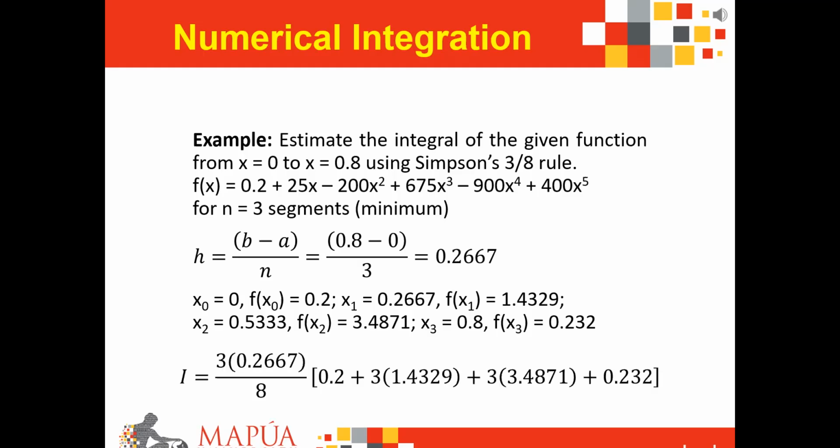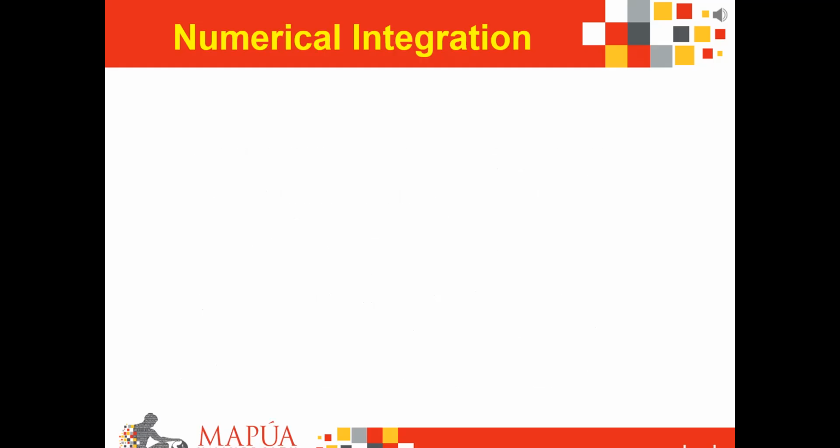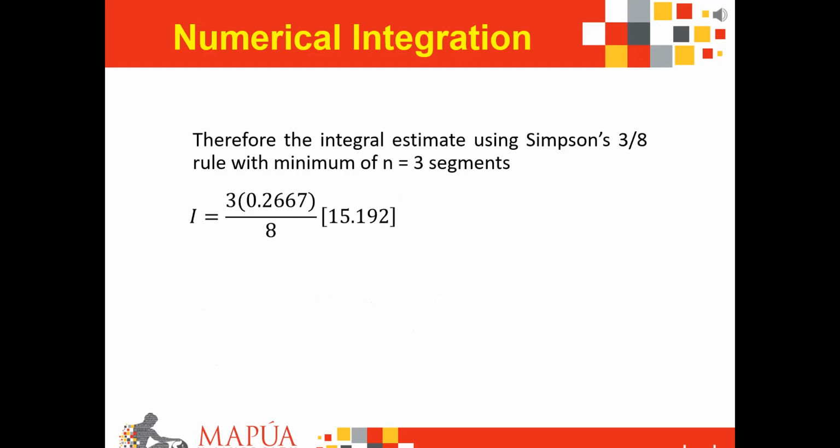Substituting it then onto our integral approximate formula, we'd end up with 3h, which is 3 times 0.2667 over 8, multiplied by our sequence of our function, wherein we multiply the first function once, which is 0.2, plus multiply all functions in between 3 times, which is 3 times 1.4329, plus 3 times 3.4871, and finally multiply the last function once, and then add 0.232. Hence, giving us now a summation for our function value equal to 15.192.